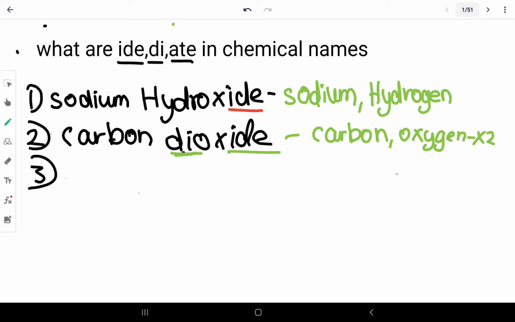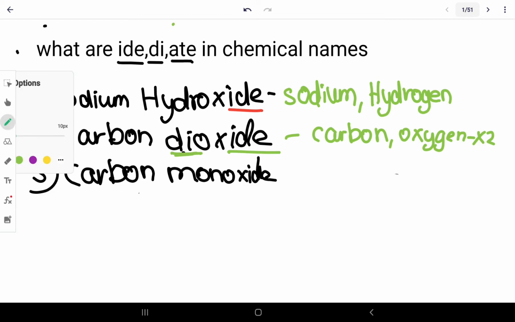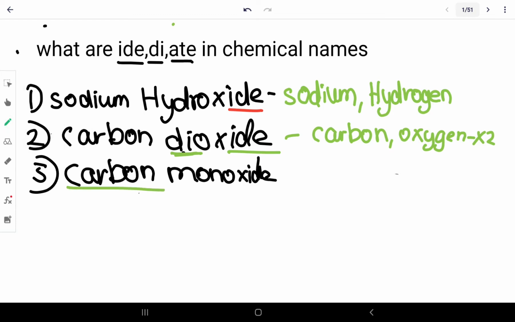If you have ATE like copper sulfate, before that you might be having a doubt, why do we use carbon monoxide? So let's take it again. Carbon means one carbon and mono means one. Let me write it down again, it should be useful.